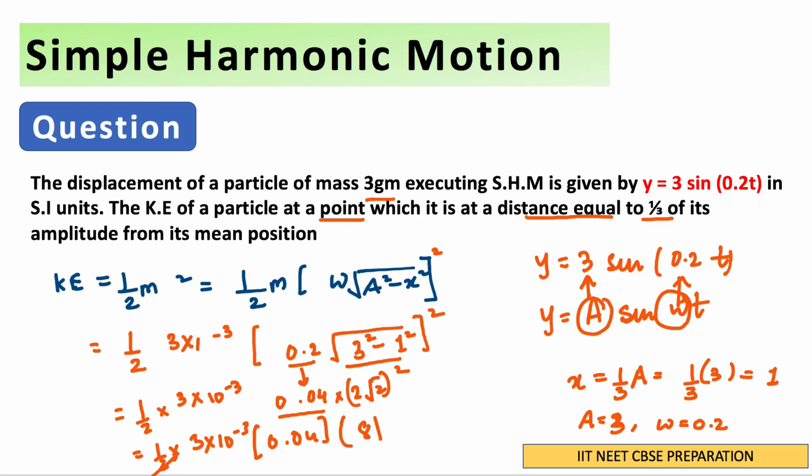We can cut 2 here with 8, so we get 4 here. So this becomes 3 into 0.04 into 4 into 10 to the power minus 3.